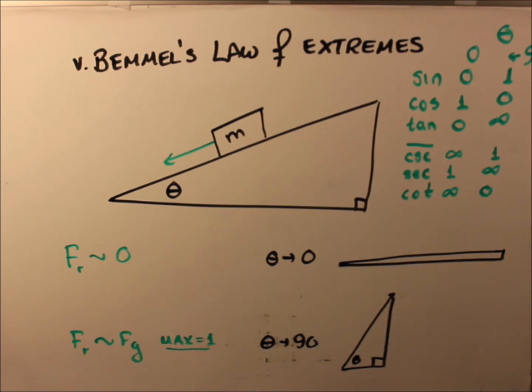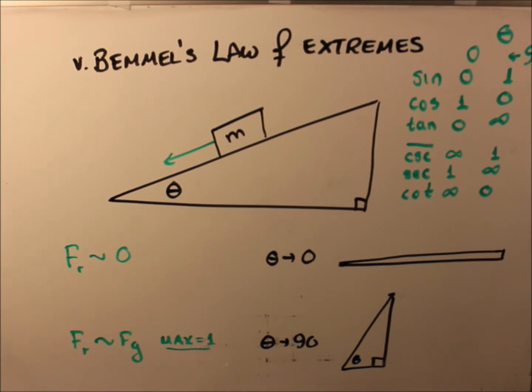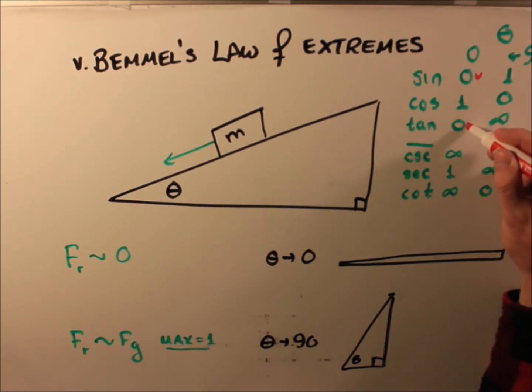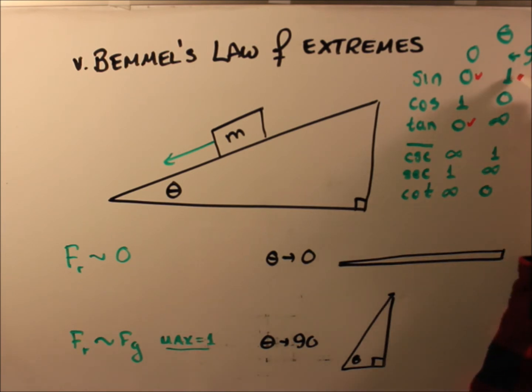So given what is required here, the multiplier that we're looking for has to be 0 when it's 0. So that allows us, we have this one and this one only left. And then it has to be 1 because we want to multiply it by the force of gravity. Because the force of gravity is the maximum. We can't have any more than that. And so that makes only this one.